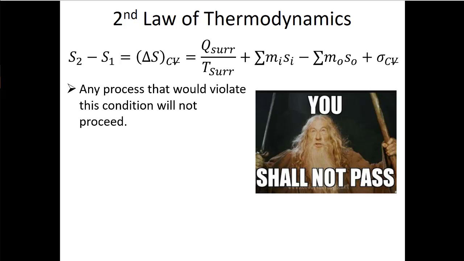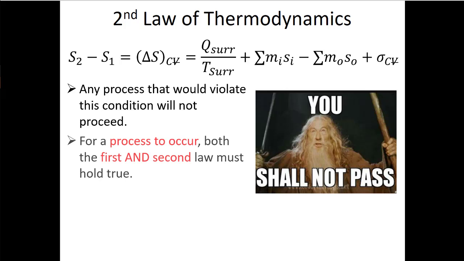It's a figment of somebody's imagination. It's a perpetual motion machine. Sometimes, I guess, it's only a perpetual motion machine really if sigma is 0. If sigma is negative, it's kind of like a perpetually accelerating system, which would be awesome, but doesn't exist in real life. So for a process to occur, the first and the second law must be satisfied, and so must conservation of mass.